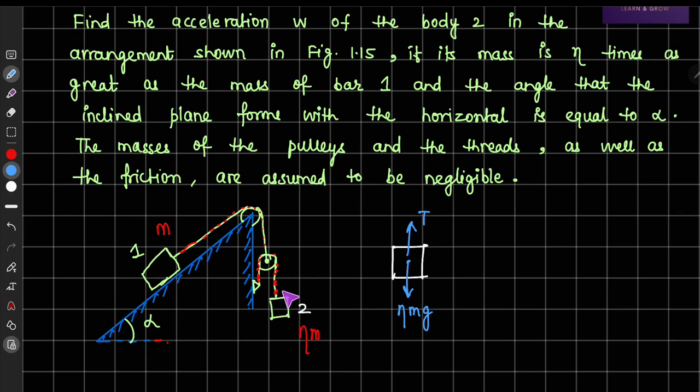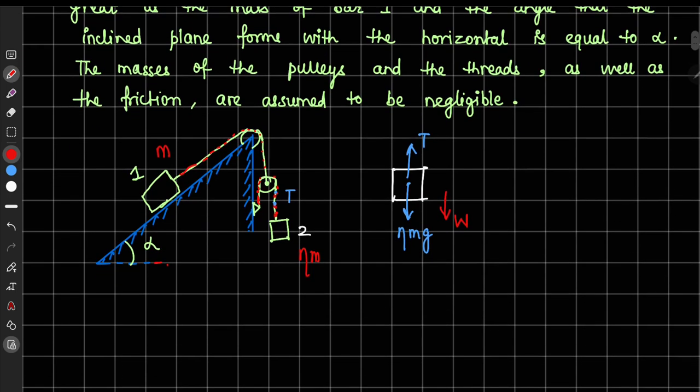Let us assume that at every point on this thread we have the tension force T. Let us say this body is moving in this direction with acceleration W. If we write the equation of forces, we can write eta times mg minus T is equal to mass into acceleration. So this is our first equation.